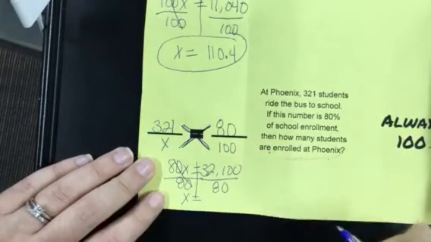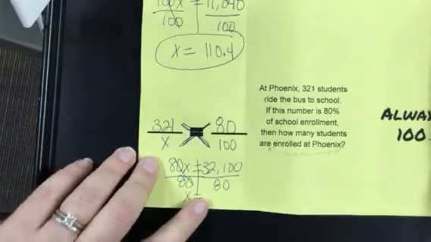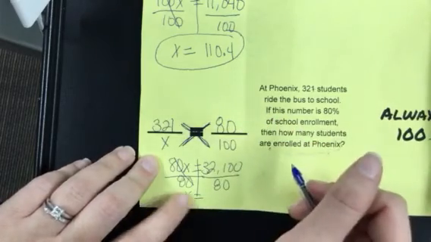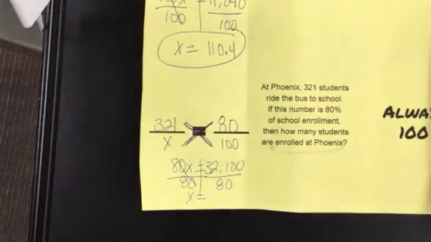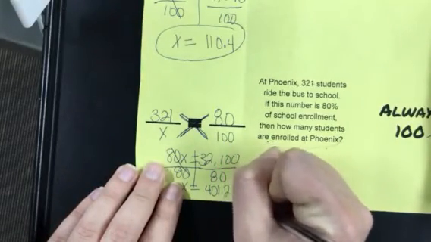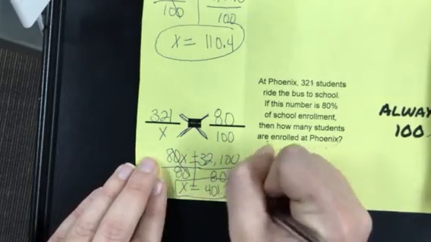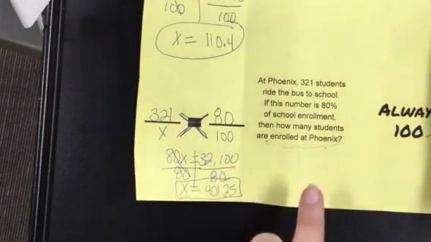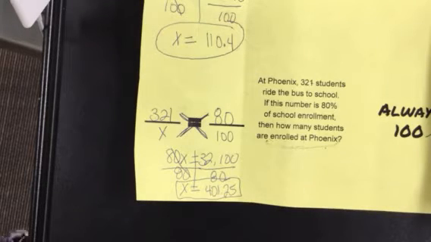So what is x equal to? 401.25. Again, can we have 0.25 students? No. So we either have 401 or 402 students. It'd be 400.